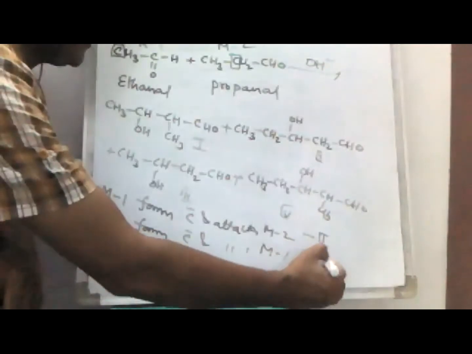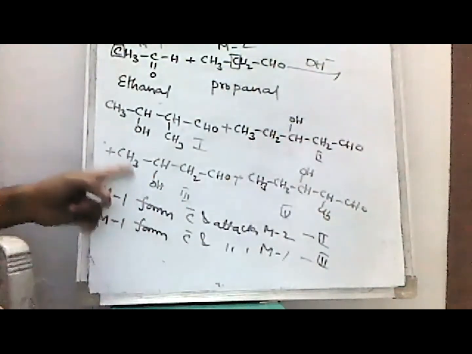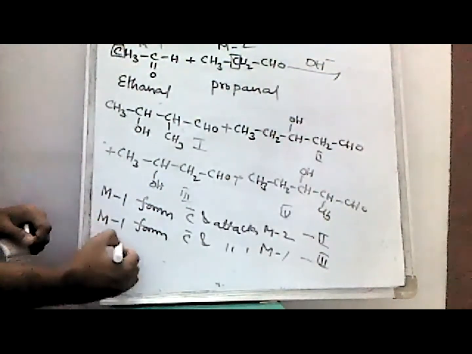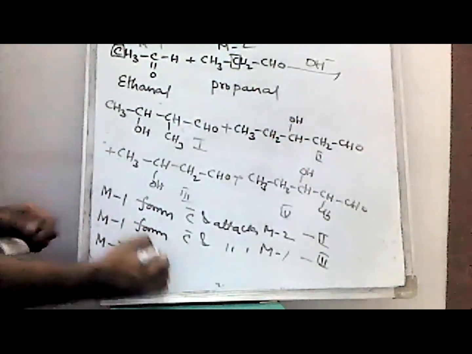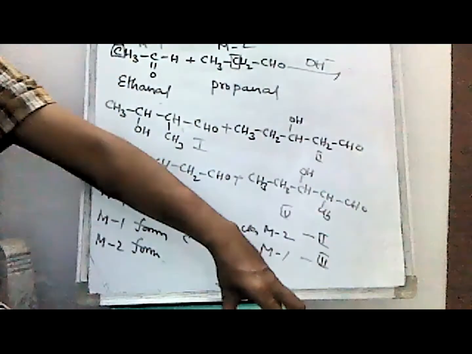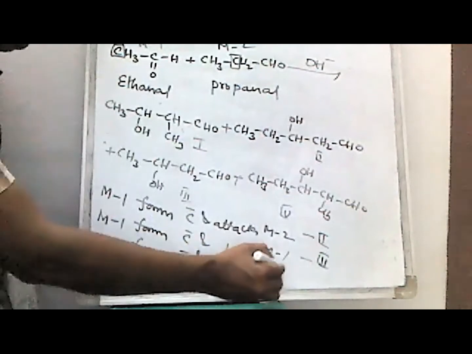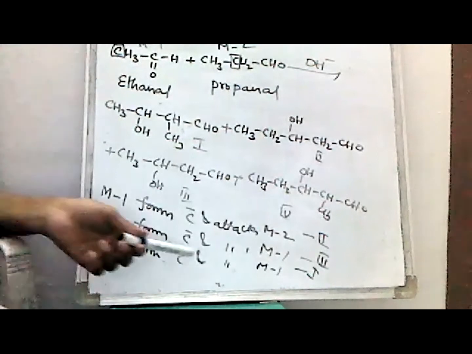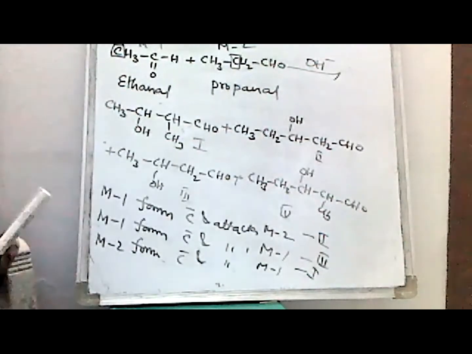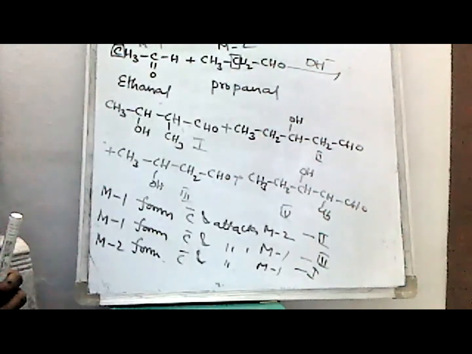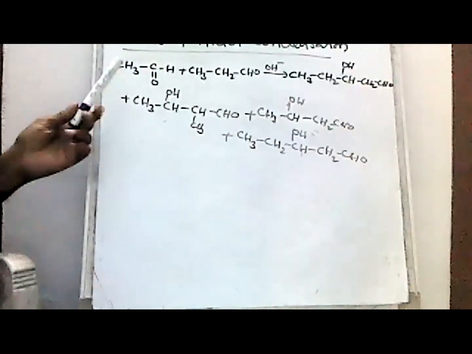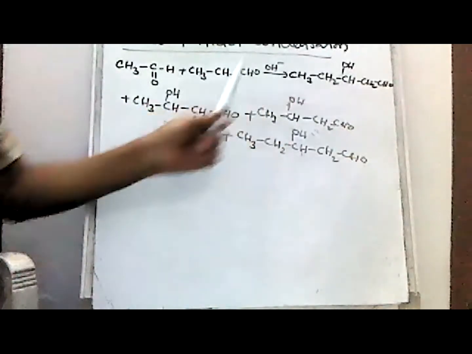This is product 3. M2 forms a carbanion and attacks M2 itself, and then product 4 is formed. So in crossed aldol condensation, four products are formed.